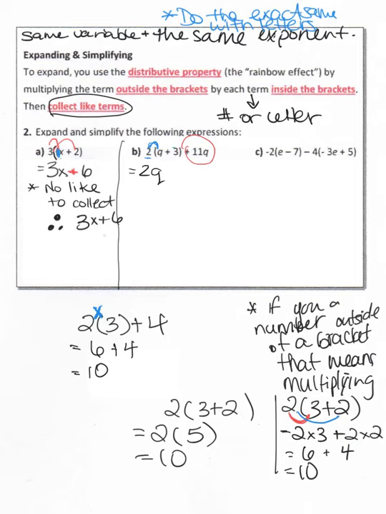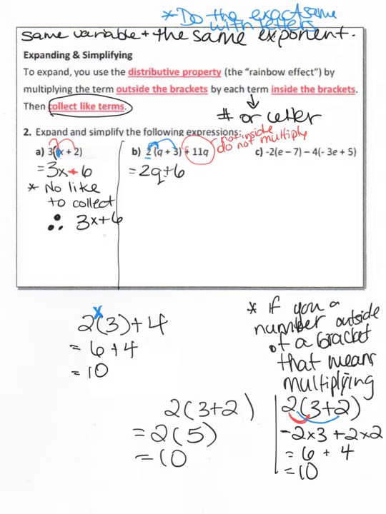Okay. Now I'm going to make my second rainbow. 2 times 3 is going to give me 6. Now I'm not going to do 2 times 11Q because my 11Q here is not inside of the bracket. So this is not inside the bracket, so I don't multiply. Okay.